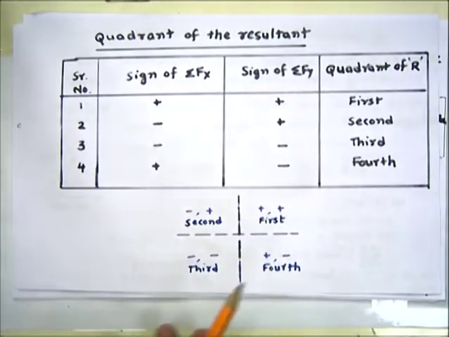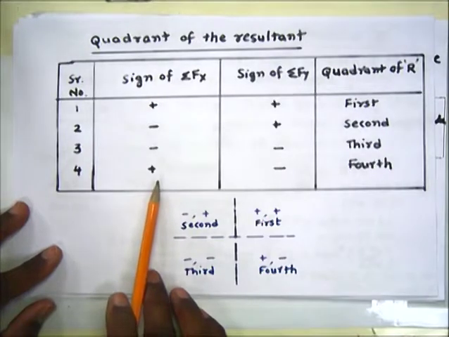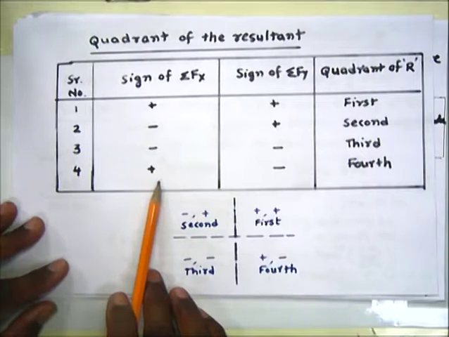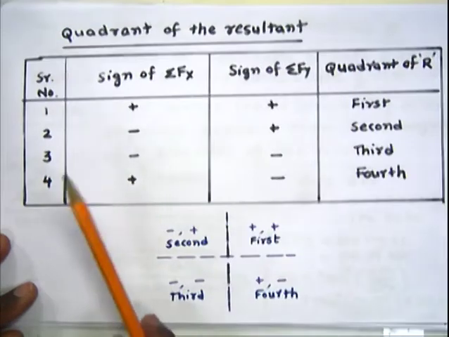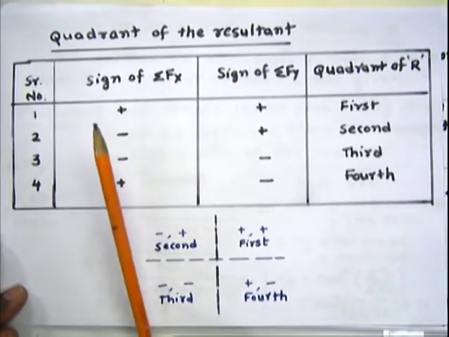Then we are also finding the resultant force, and sometimes you are asked to locate the resultant, and in that case this table will be useful. So how to locate the resultant force?